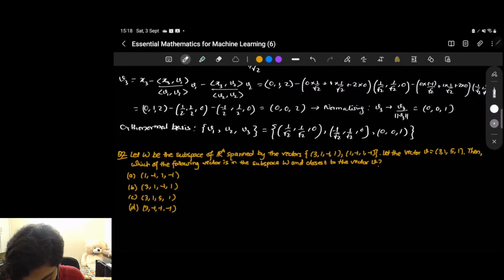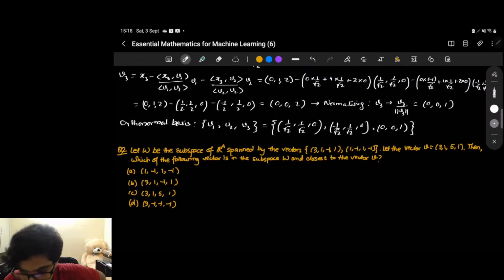Coming over to the next question. Let W be the subspace of R4 spanned by the vectors. So we have two vectors which span a subspace of R4. Let the vector V be given as follows. We are given a vector V in R4, sorry, not in the subspace, in the R4 space.